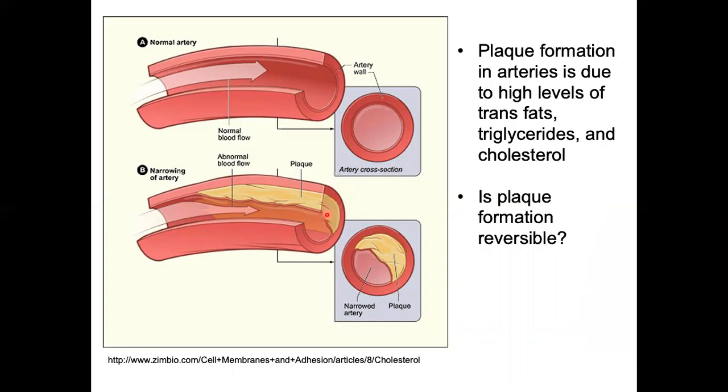So let me tell you a couple of facts. Plaque streaks are found in children as young as 7 years old in the United States when you look at their arteries. In third world countries, because they don't have a lot of simple sugars and meats or fats, they eat a lot of veggies and beans and lentils.